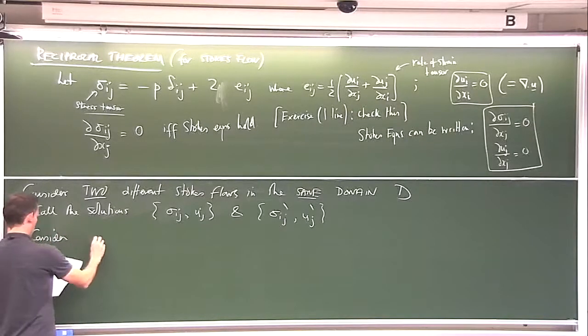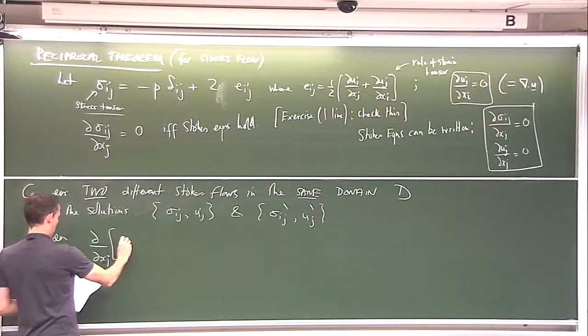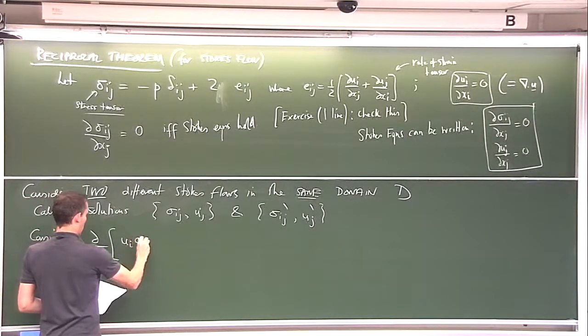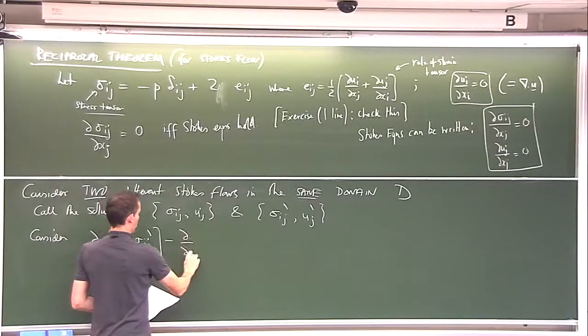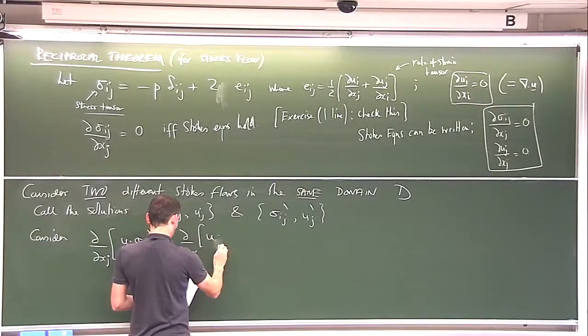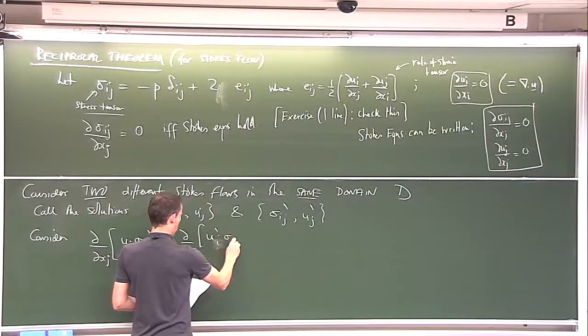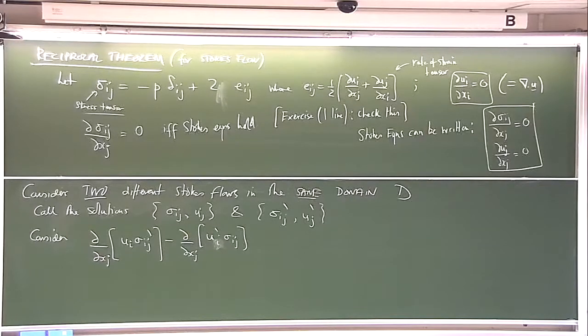Okay. So consider the following. Let's take d by dxj of this. It seems like a strange object.